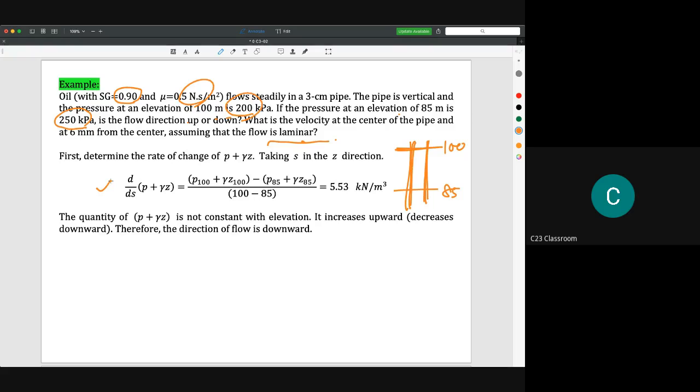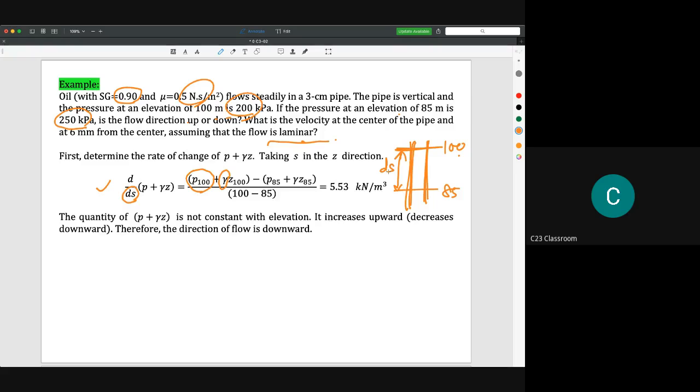By using this equation, we put in the values. We have the pressure at 100 meters, plus, let's say the gamma here is constant, it doesn't change, so the z here is 100, and then you minus, you compare with 85. The meaning of ds here is the difference between two points, so this is the s, and you have a ds here.